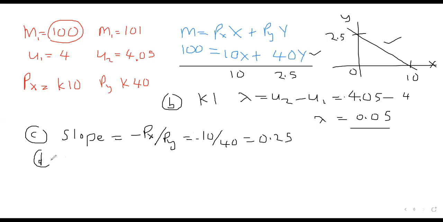Number D, they ask you to find the marginal rate of substitution Y for X. So we divide the price of Y over the price of X. So this is negative 40 over 10, which is negative 4. This is how many units of Y can be substituted for X. 4 units of Y can be substituted for X. So X is worth Y 4 times.